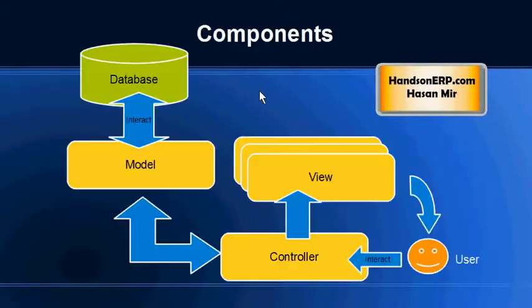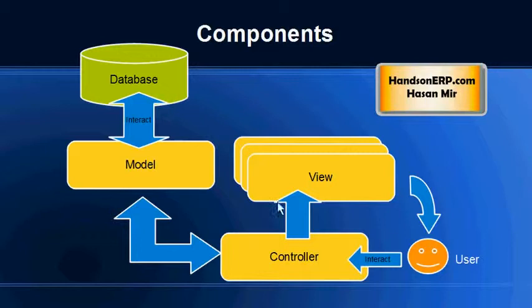So here is an example. We have 5 players here: users, the database, and the 3 components of the software. Usually the data resides outside the software, so that's why I have shown that as a database, a separate component here.